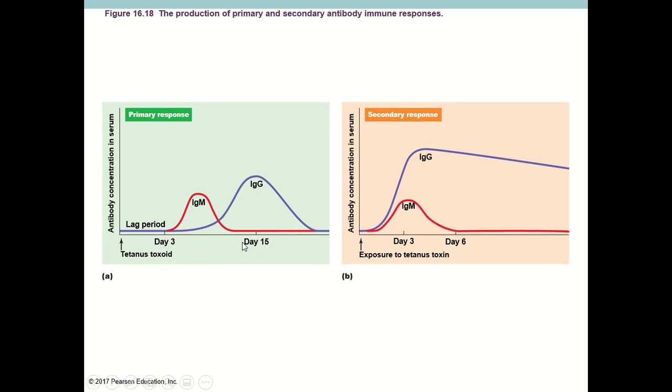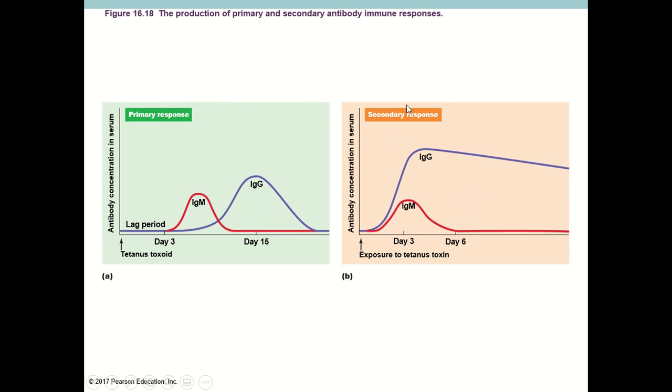And 15 days would be the incubation period, for example, of SARS-CoV-2, or COVID-19, anywhere from day 3 to day 15, or any influenza virus. But other viruses take up to weeks, months, sometimes years for the primary response. So this would be the first time that the person is infected by that virus.